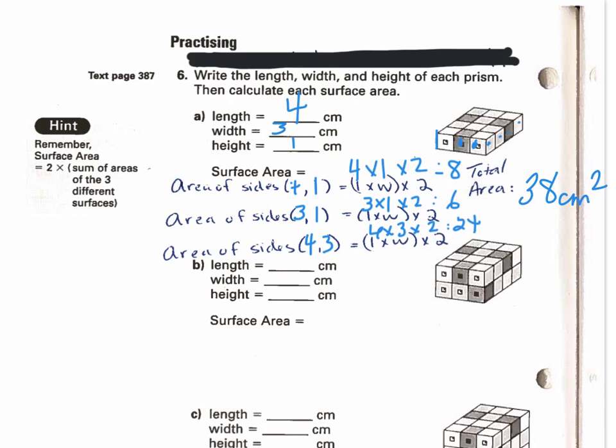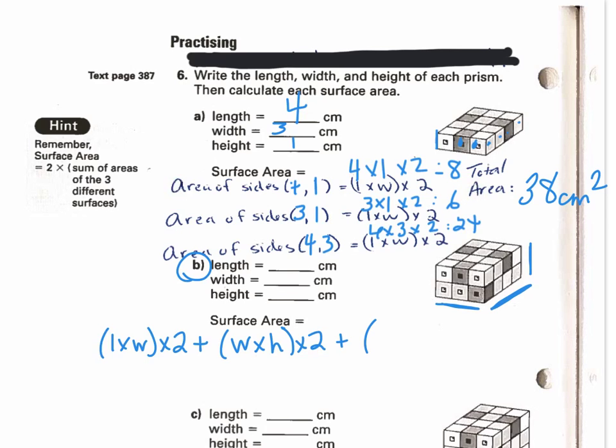Now it's your turn. For B, calculate the length, the width, and the height. And use the formula length times width times 2 plus width times height times 2 plus length times height times 2.